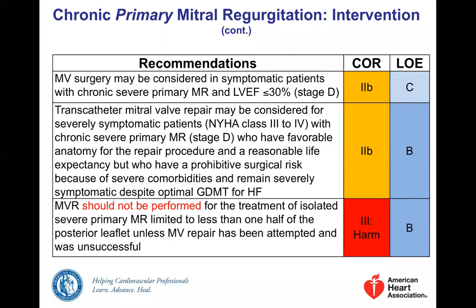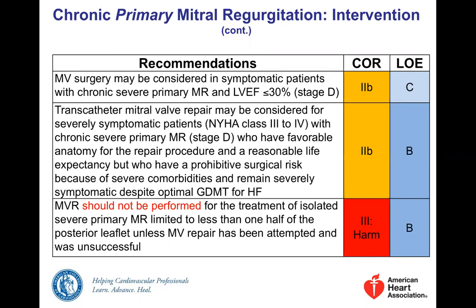And finally, if the patient has a primary posterior leaflet problem and you're not sure that you'll be able to repair this valve, if the patient can wait, you should refer him to another surgeon who could actually perform a good mitral valve repair.